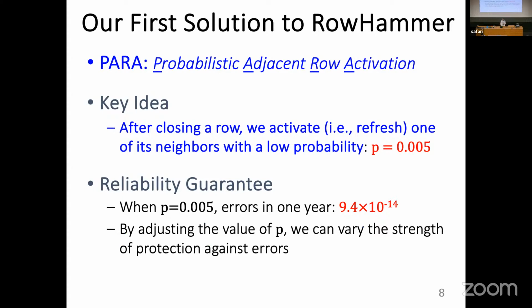By adjusting this threshold, we can have stronger systems or even weaker guarantees if you target those systems. Basically, you can configure this defense based on your requirements.